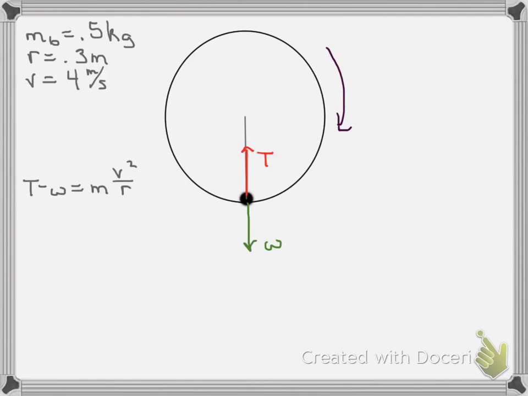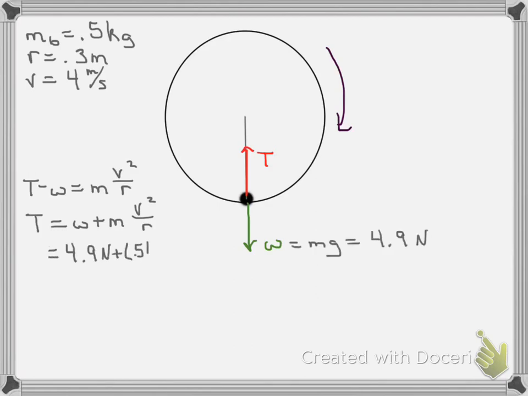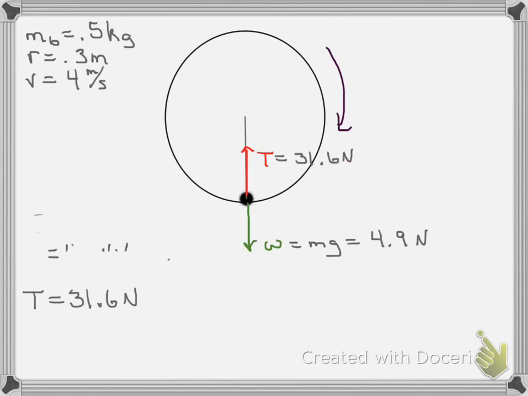So here we have tension minus weight equals mv squared over r, because they point in opposite directions, one is positive, one is negative. So tension equals weight plus mv squared over r. So in this case, our tension is 31.6 newtons.